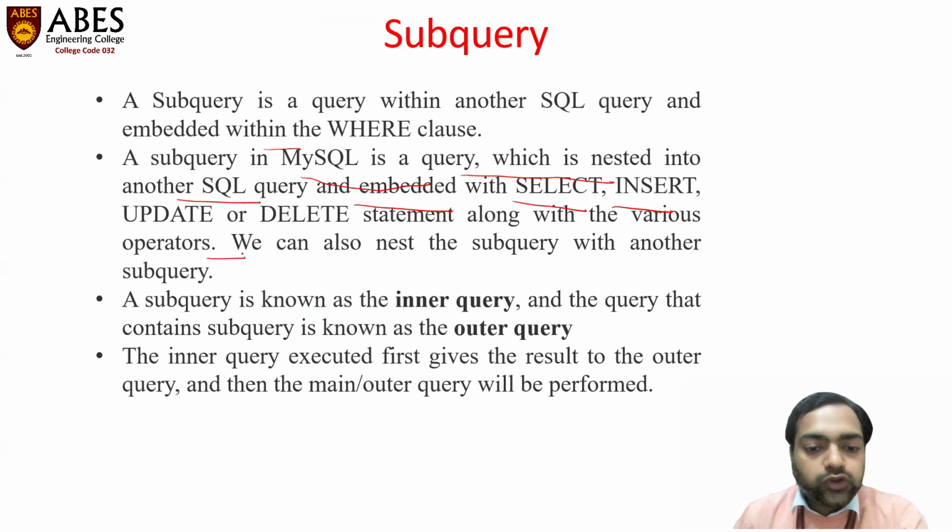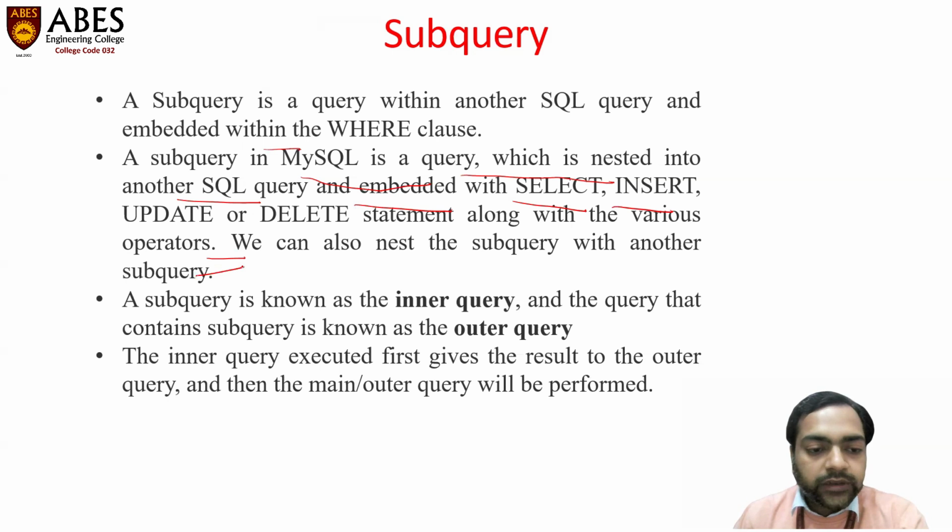Now, a subquery is also known as an inner query because it will be executed first, and after that, the output of this inner query is given to the outer query as an input. So first of all, this subquery will execute, and the output we get from this inner query will be given to the outer query as an input.